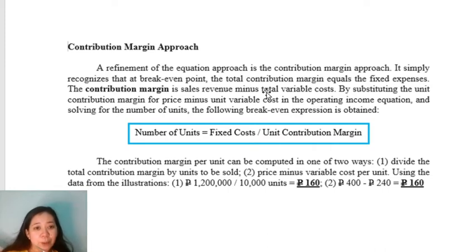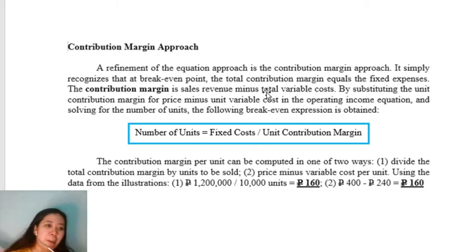So to solve for the number of units, I mean for the break-even expression under the contribution margin approach, our formula is number of units is equal to fixed cost divided by unit contribution margin. Again, this is just the same as that of the equation approach. However, we just shorten the denominator.